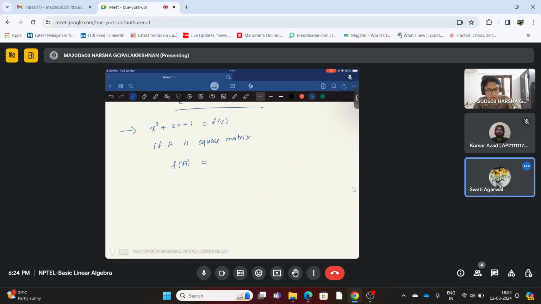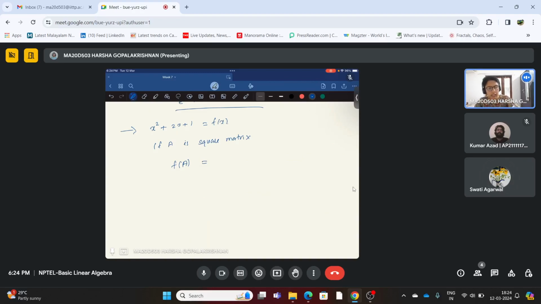I'm just guessing, not very sure. So A has many vectors in it, and each vector represents this quadratic equation. No, not like that.